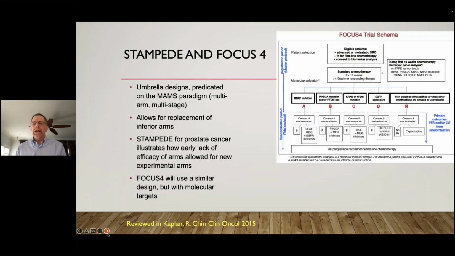And then colorectal cancer, the FOCUS4 now gave patients standard chemotherapy and then by molecular selection, a targeted agent, and then they were subsequently randomized to either placebo or other targeted therapies to see whether continuing targeted therapies in the maintenance state would help. So again, the same type of multi-arm design.